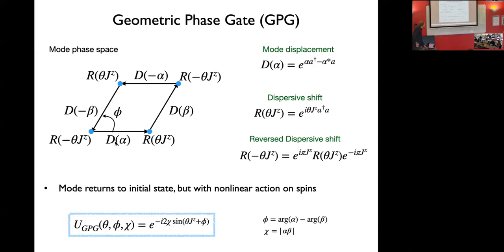So dispersive shift, displacement, dispersive shift, displacement, and so forth, going around in a closed trajectory. And after you make these steps, the mode returns to its initial state, but there is a non-trivial action on the spins. And that gate looks like a unitary that's generated by a highly nonlinear operator in JZ. So the spins become disentangled from the mode, but you have this nonlinear action on the spins.